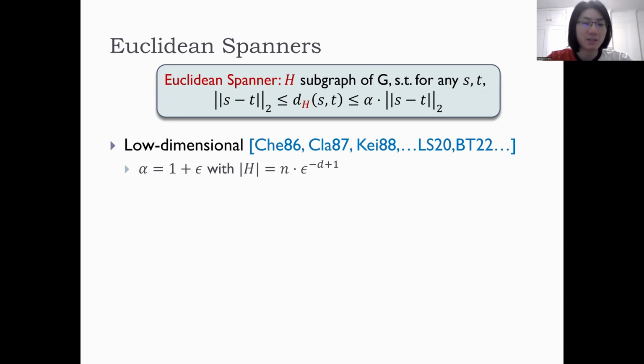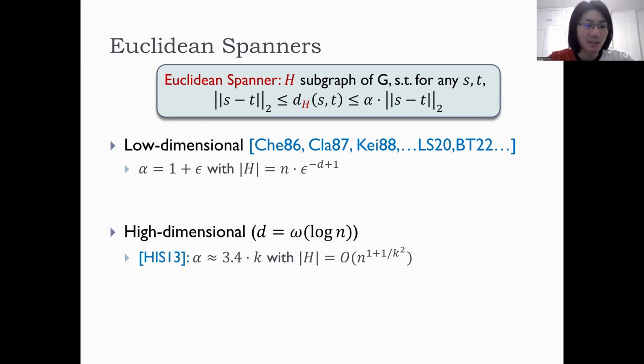There is a rich literature studying the low-dimensional case, where d is a constant. The best bound for alpha equal to 1 plus epsilon is a size of n times epsilon to the minus (d plus 1). However, little is known for the high-dimensional case, and the only result we are aware of is by HIS 13, 10 years ago.